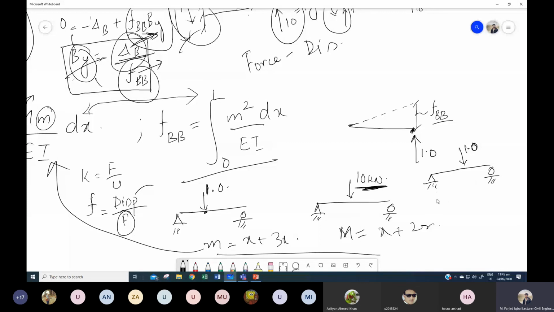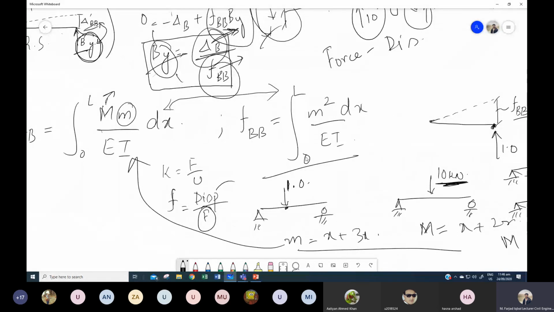Now this is your original beam, and when you apply the unit force, you will write the equation of moment, and then when you apply the virtual load, that is also equal to 1, okay, and then this displacement over here is equal to flexibility, and then again you will write the equation of small m, and in this case, since both of these cases have one point or unit load, your capital M is equal to small m, and that is why you can just slightly transform this equation or modify this equation, and you will get this m square over EI into dx, and by applying this formula you can calculate the flexibility directly.